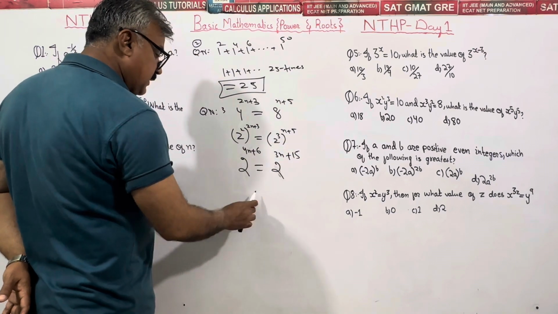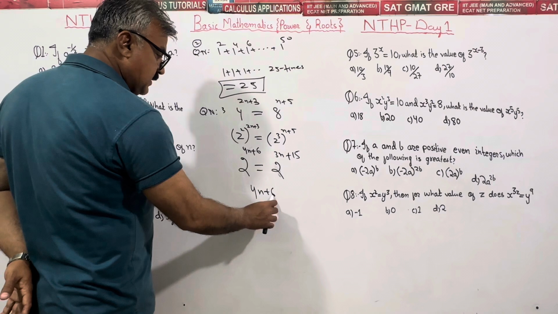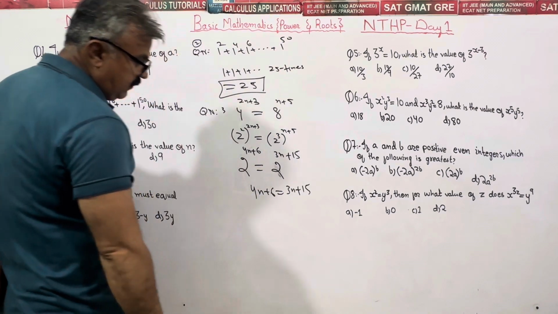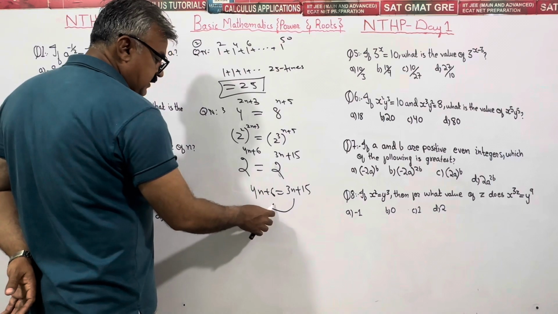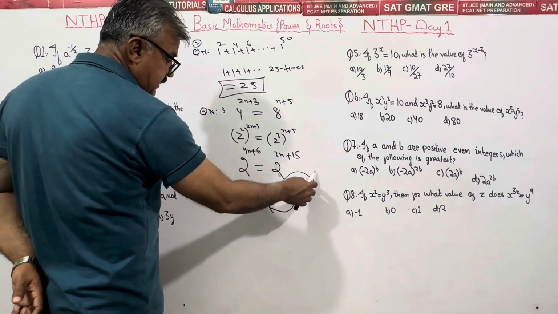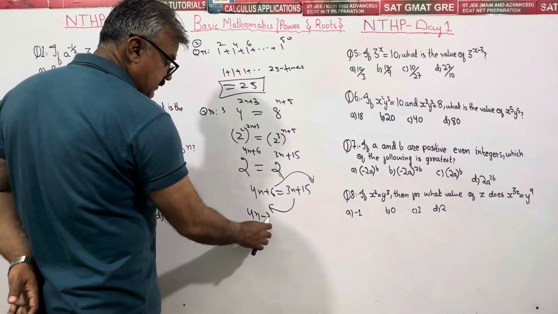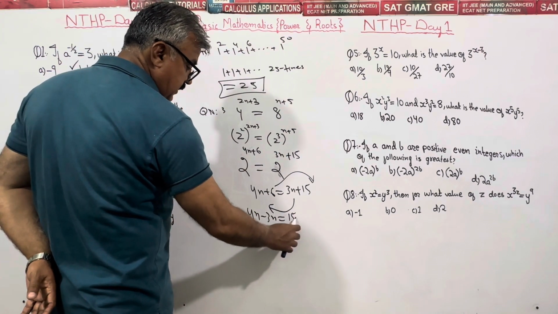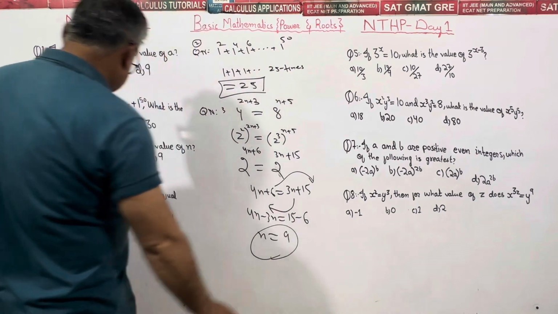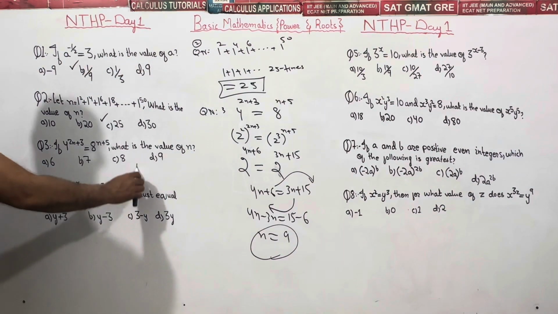Bases are equal, powers are equal: 4n plus 6 is equal to 3n plus 15. Solve for n. Shift like terms, n terms on the left-hand side, constants on the right-hand side. We have 4n minus 3n is equal to 15 minus 6. So n is equal to 9 in that case.